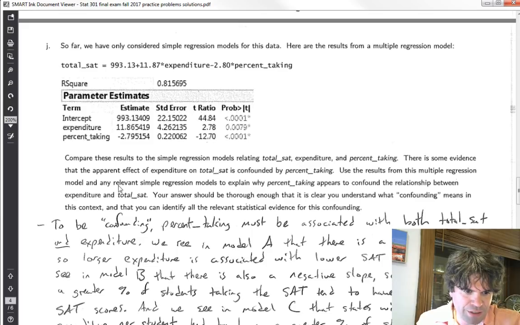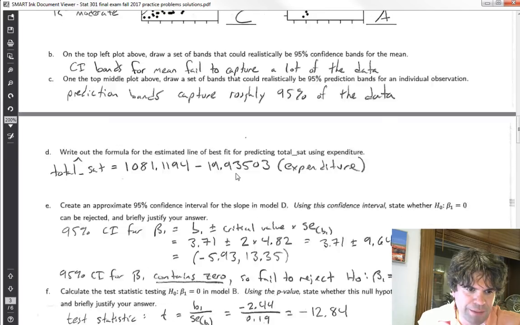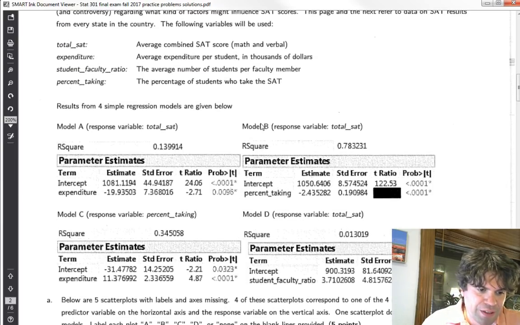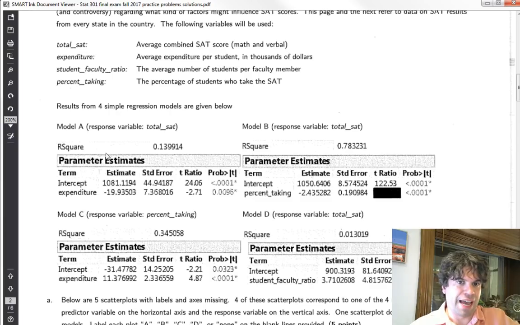So let's go back and just look at expenditure and total SAT by themselves, and that's this first model, Model A. Expenditure has a negative slope. So what we're saying is, as the amount of money being spent per student goes up, average SAT scores go down. Yikes. That doesn't sound very good. That sounds like we're doing harm by spending more money on education.